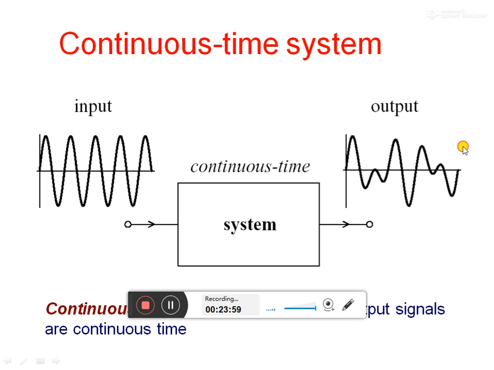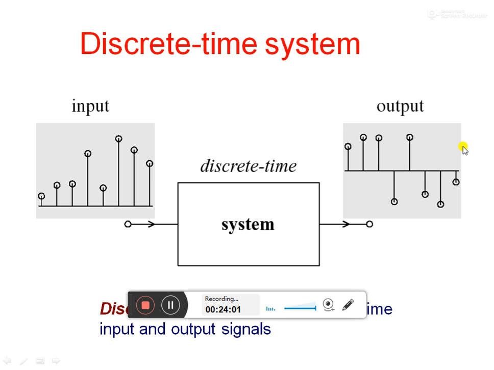Whereas if you consider the example of a discrete time system, as you can see, the input is a discrete time input, and the output will also be a discrete time output. These types of systems are classified as discrete time systems. So based on the type of input and output we are getting, we are basically classifying the systems as discrete time systems and continuous time systems.